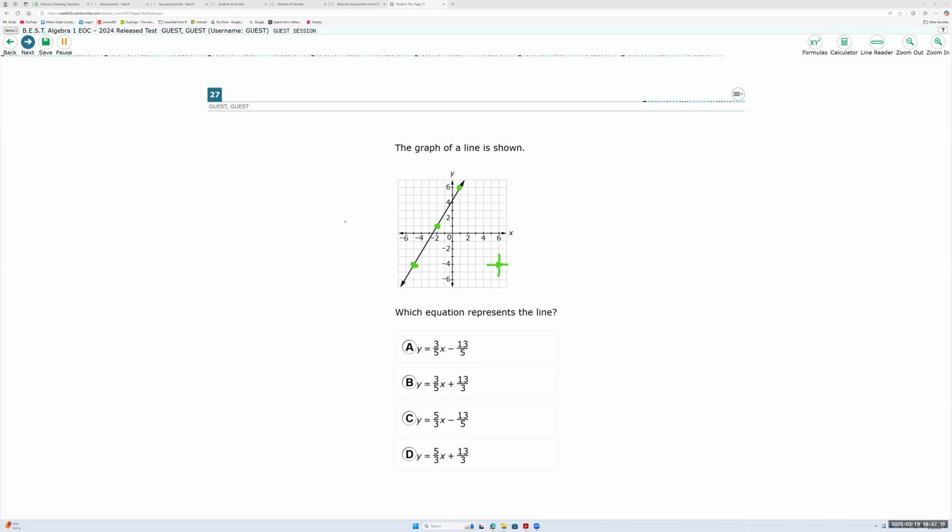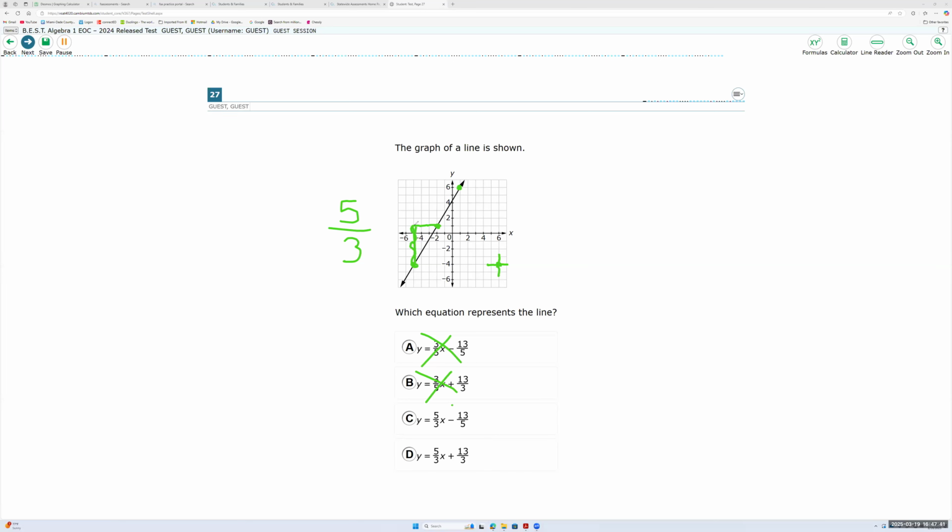So I'm going to rise first. My rise is, I'm going to count 1, 2, 3, 4, and 5. There's 5 spaces right there. And then you can easily see there's 3 little edges, 1, 2, and 3. So my slope is rise 5, run 3. I can eliminate that, and I can eliminate that.